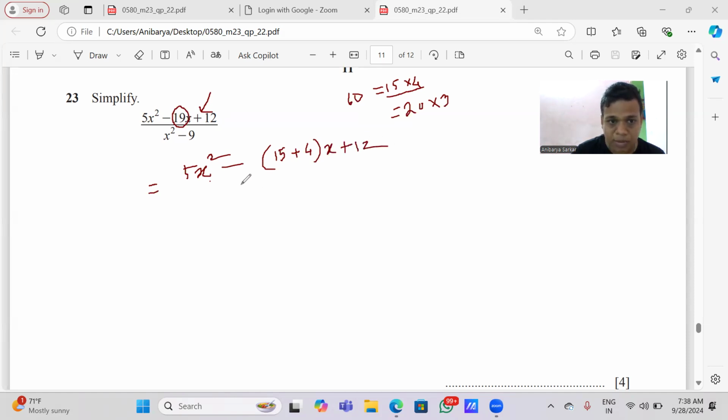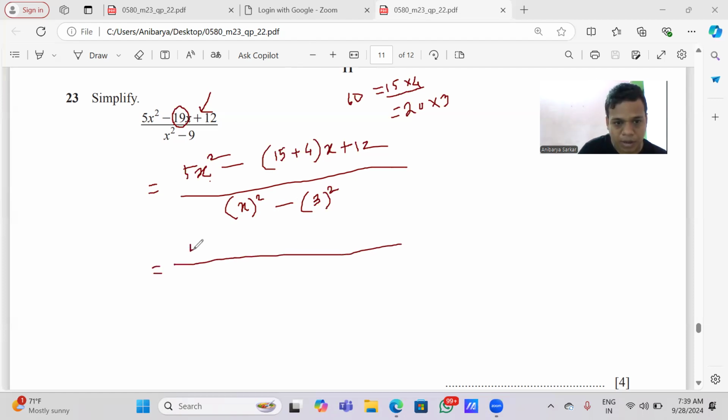And in the down part, we can simply use the a square minus b square formula. So x square minus 3 square. From this we can write 5x square.